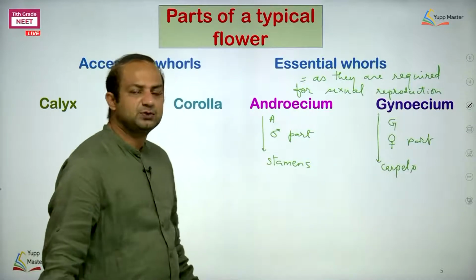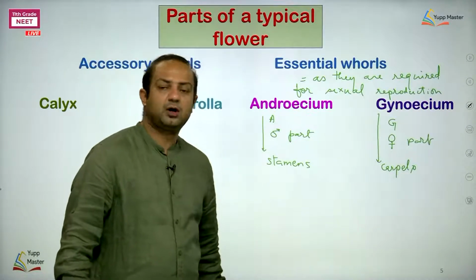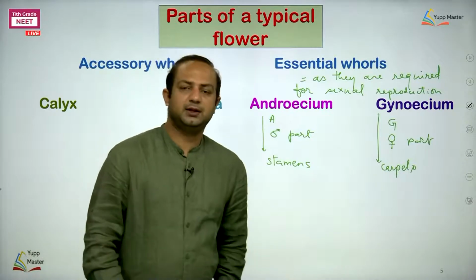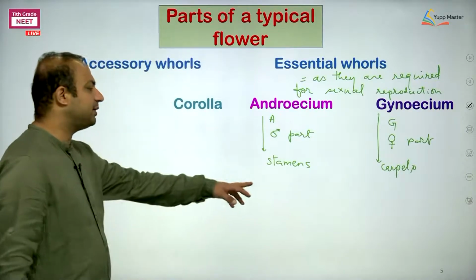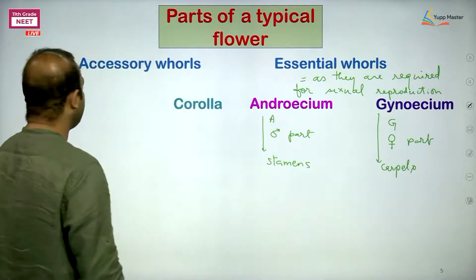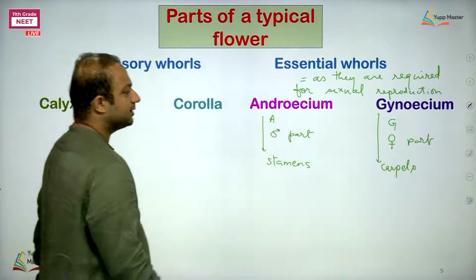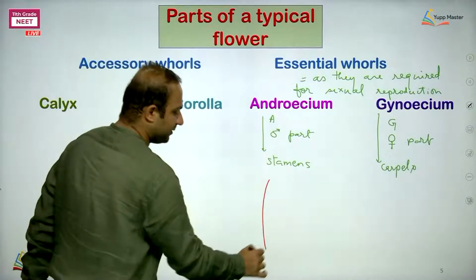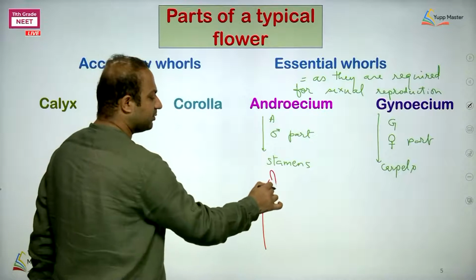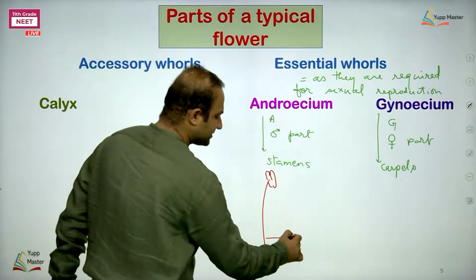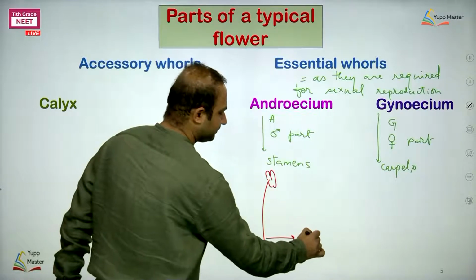Maybe each carpel is going to form a pistil, or so many carpels get united together to form a single pistil. Either case is possible. If I am telling about stamens and carpels here, we need to tell about the parts of the stamen. The stamen is here. The parts of the stamen you need to know. This one is the filament.